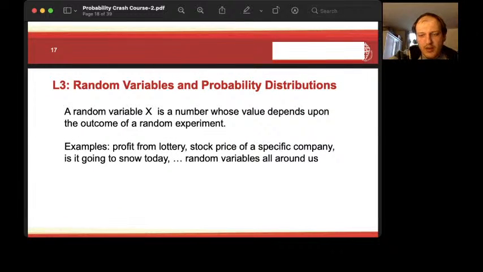Are there any questions on independence? On proving independence or reasoning about whether two events are independent?